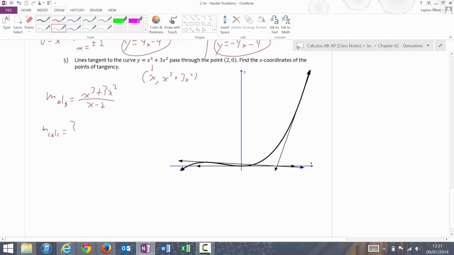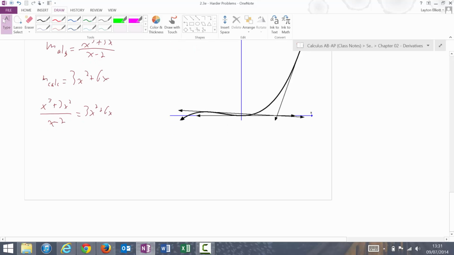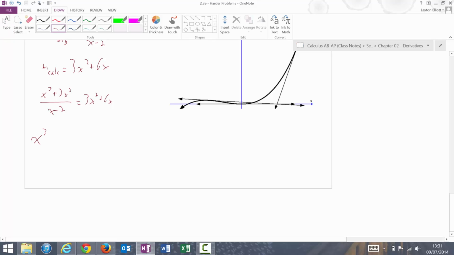Then my slope with calculus would be to do a derivative, 3x squared plus 6x, and set them equal to each other: x cubed plus 3x squared over x minus 2 equals 3x squared plus 6x. I'm going to have to cross multiply, so x cubed plus 3x squared is equal to 3x cubed plus 6x squared minus 6x squared, so the middle term would drop out, then minus 12x.